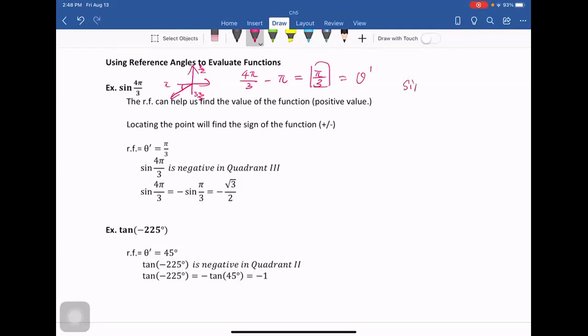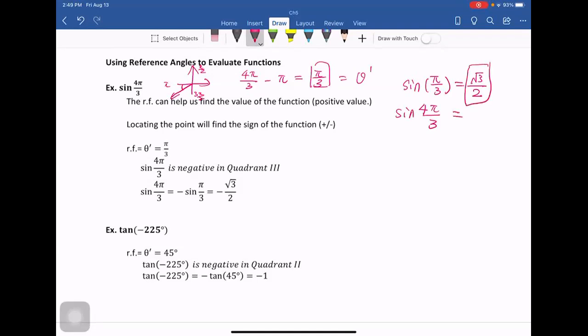This is the reference angle. So sine 4 pi over 3, this is theta prime, I must have pi over 3. Sine of pi over 3 is square root of 3 over 2. And then we need to decide the sign of this value.